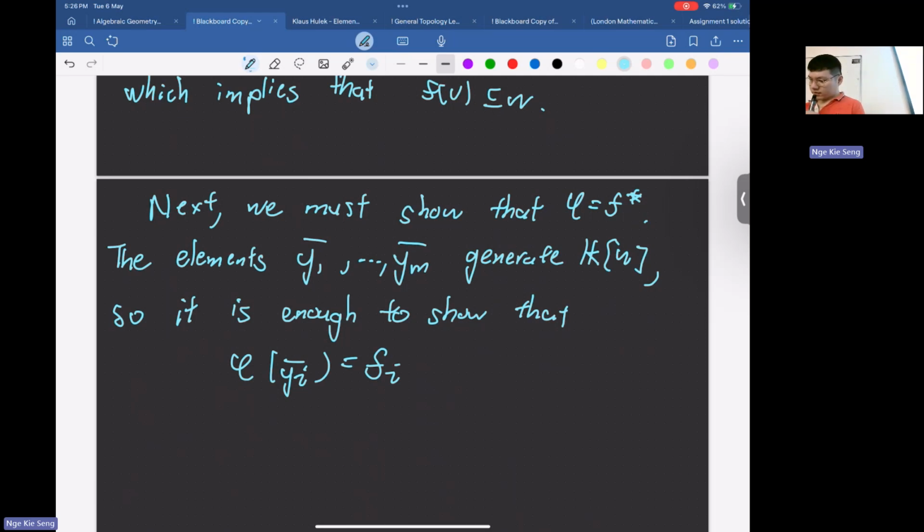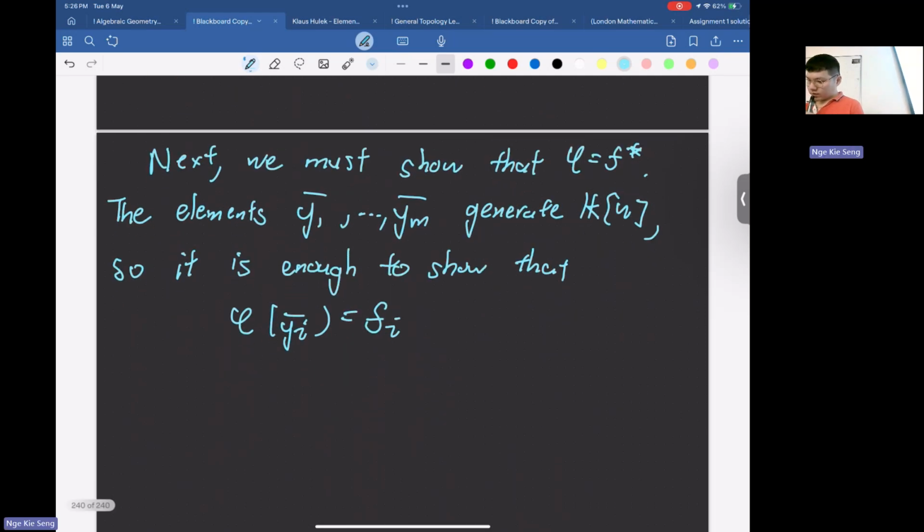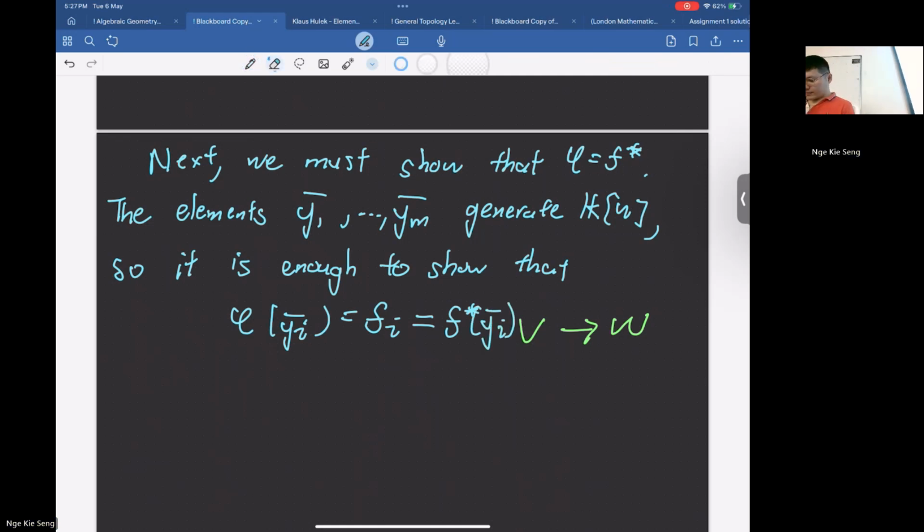Okay, let's draw this. We want to show that this map goes from V to W, and it's enough to show that this fi is equal to f star on yi bar. And what are these yi bar doing?